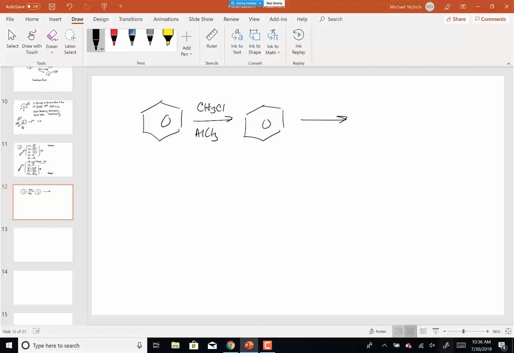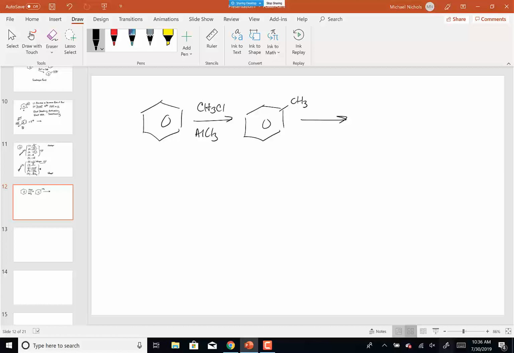What am I going to add to that benzene ring? Methyl. Does it matter where? No.